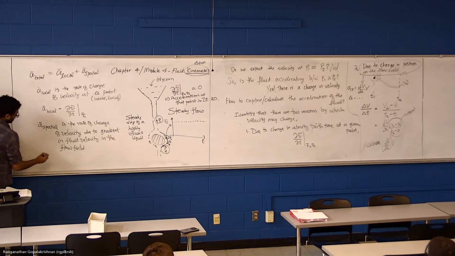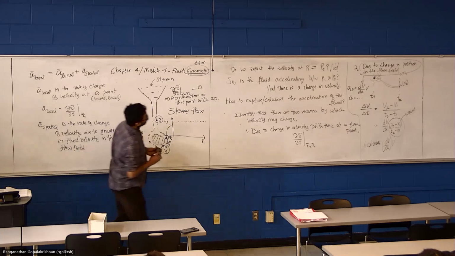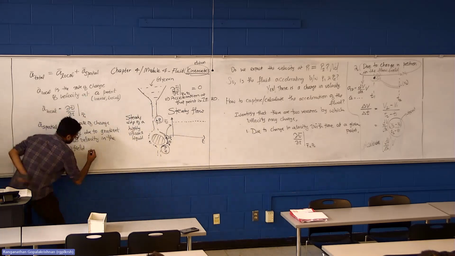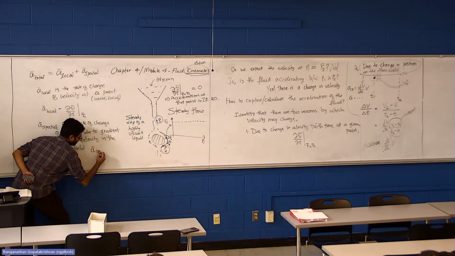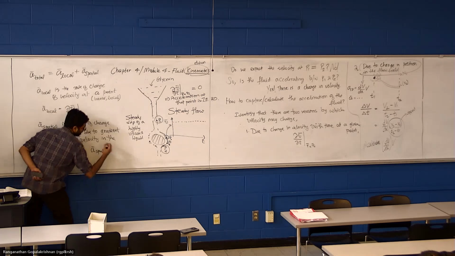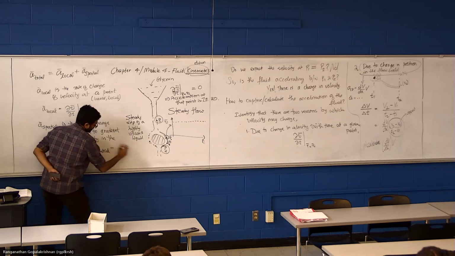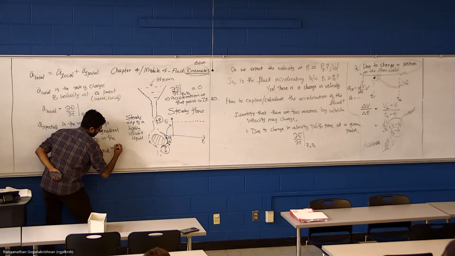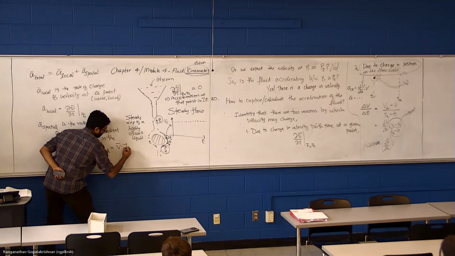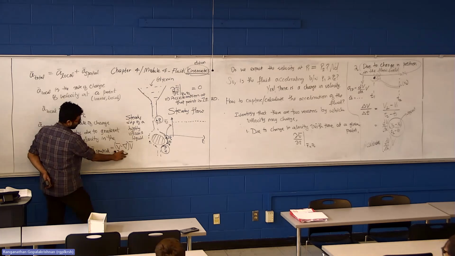Okay, and right here, A spatial is equal to V dot del times V. I know that has a lot of vector calculus in it.